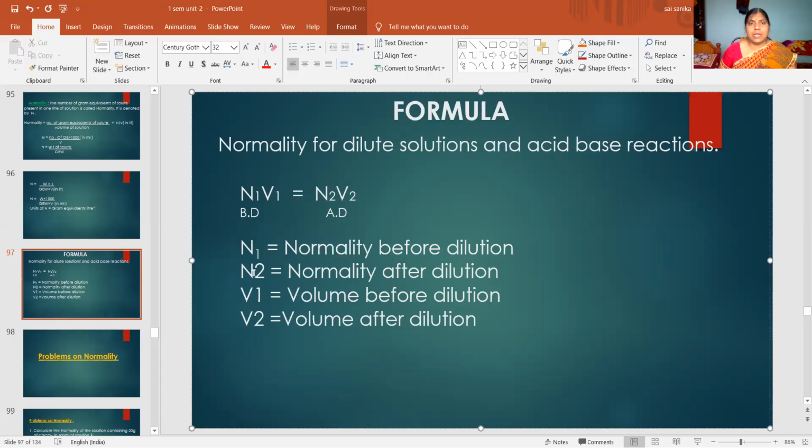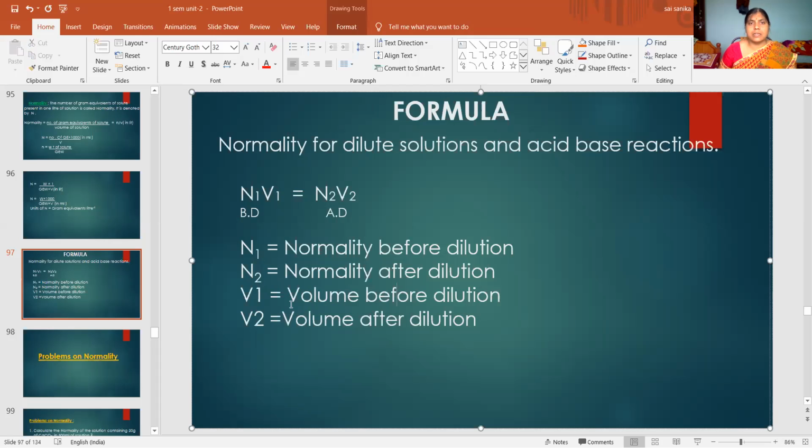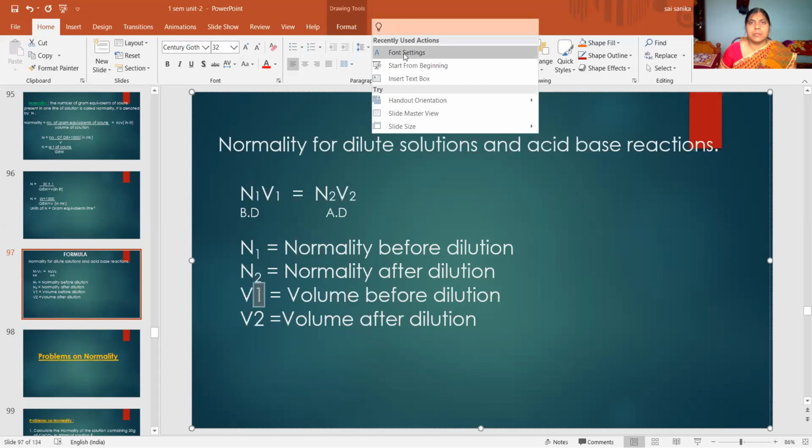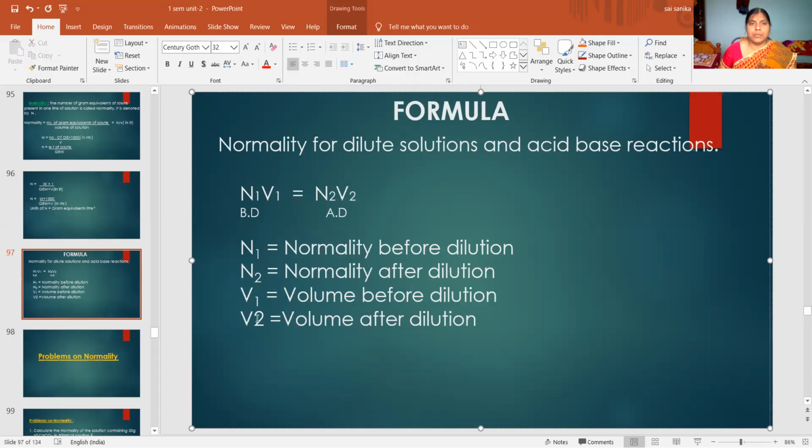For acid-base reactions, one term will be for acid and one term for base. If the first terms are acid, the second terms are base. So N1 is normality of acid and N2 is normality of base. Similarly V1 is volume of acid and V2 is volume of base. Like that we will consider.